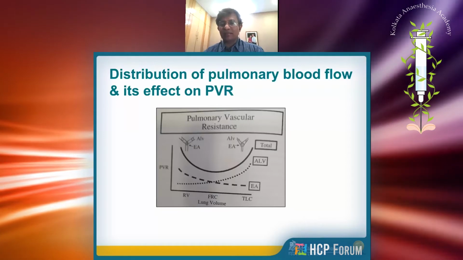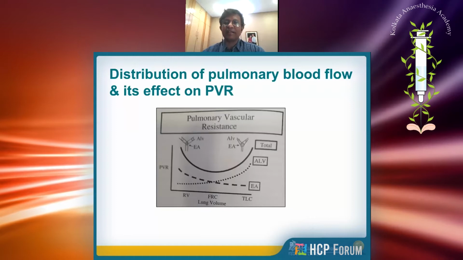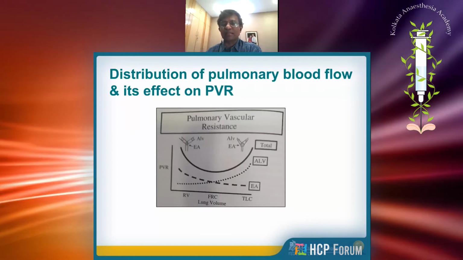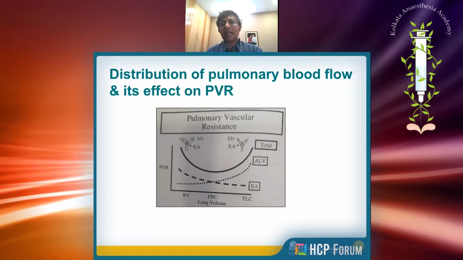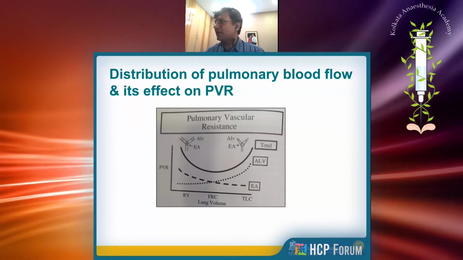So what happens during maximal ventilation or maximal intake, that is, when it is going towards total lung capacity, and what happens when the lung is shrunk and it is nearly towards its residual volume? This graph explains it.